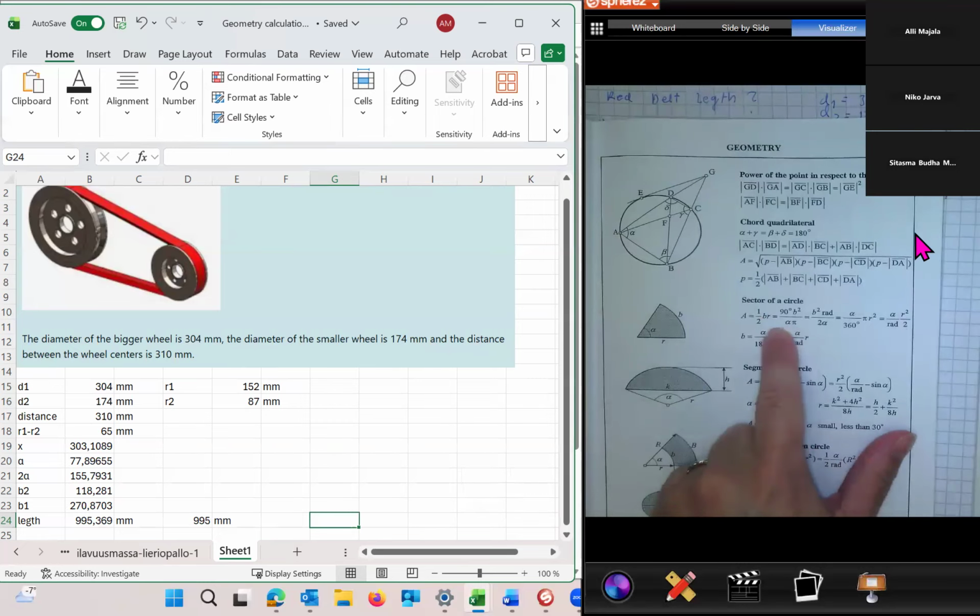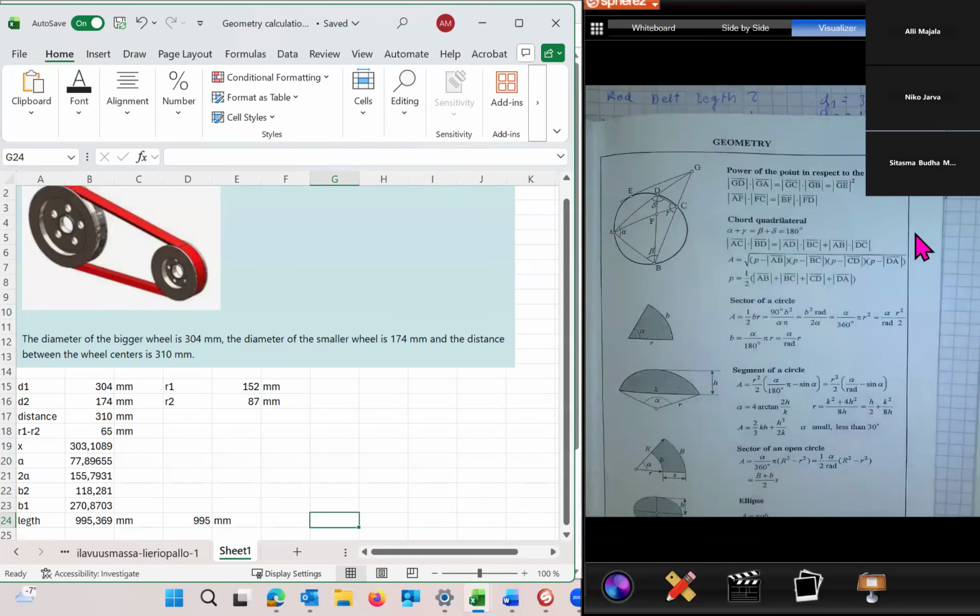And then you find the same equation also here. But what is the length B called? Something.